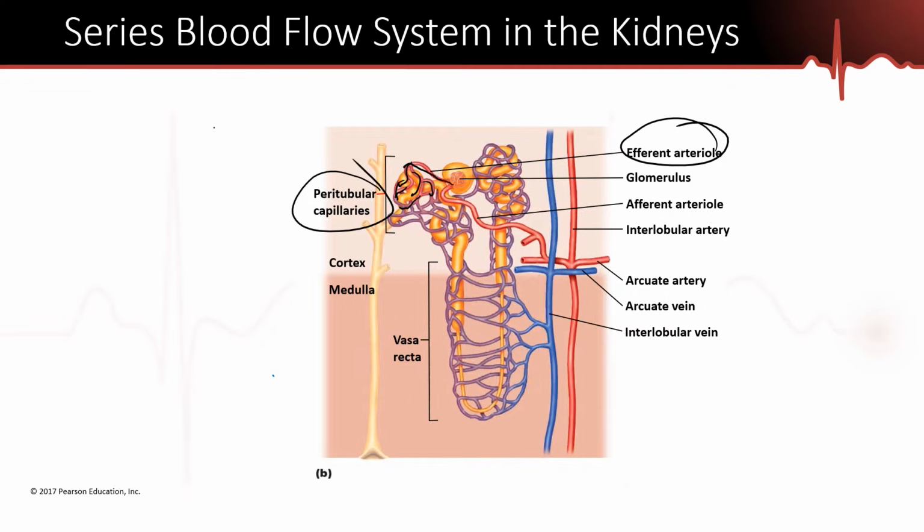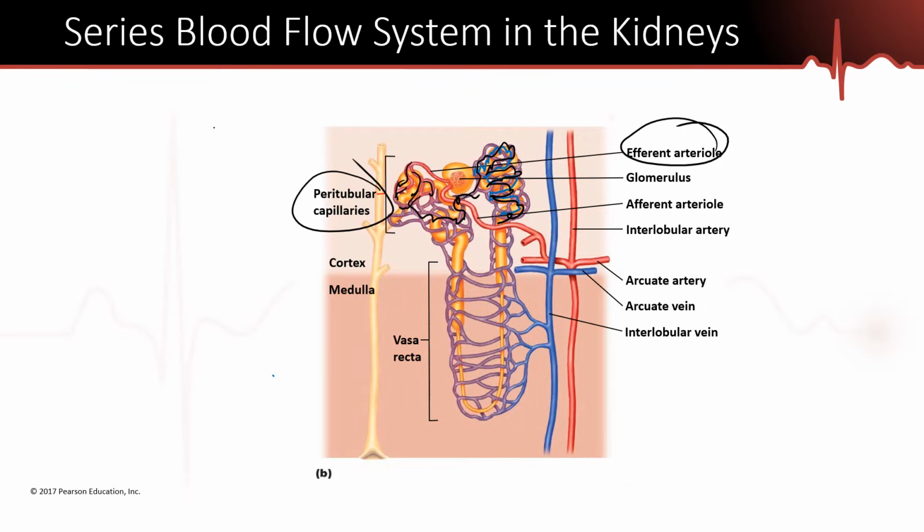If you look here, what we're talking about is the blood plasma traveling through the proximal convoluted tubule. And as you can clearly see in this image, these peritubular capillaries, which are formed by the efferent arteriole, exist all around the proximal convoluted tubule and the loop of Henle and everything else too.